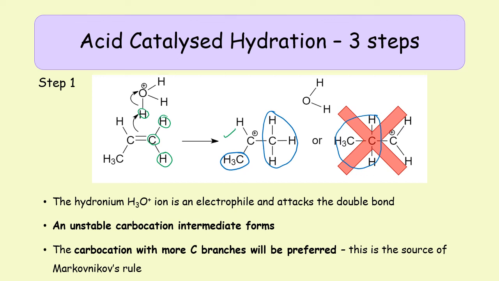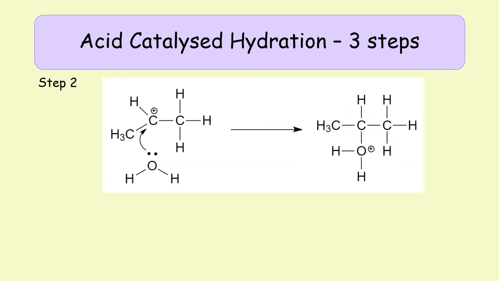Our next step will see the water molecule that we've got up here attack our carbocation intermediate. So our water molecule, which has a lone pair of electrons, attacks the carbocation intermediate, and you end up with a full water molecule being added onto that carbon.